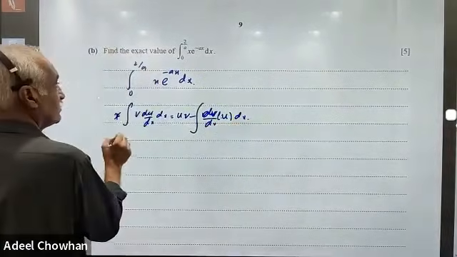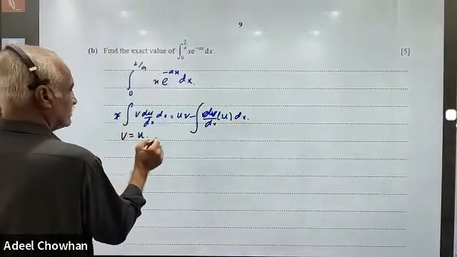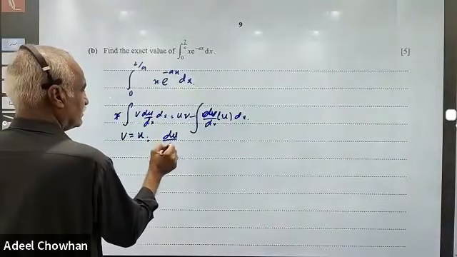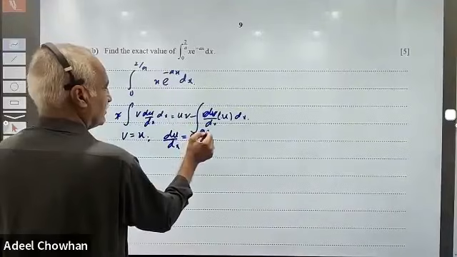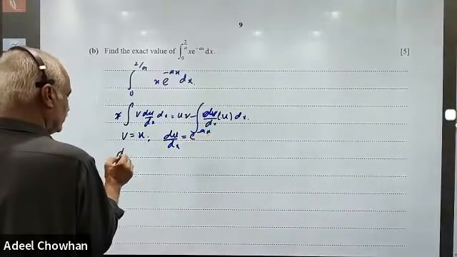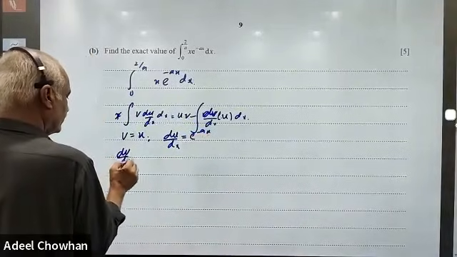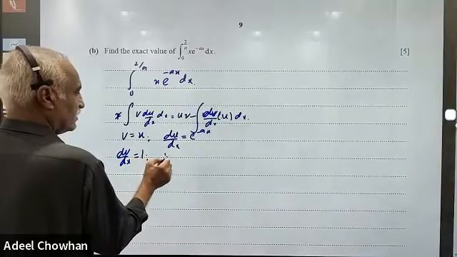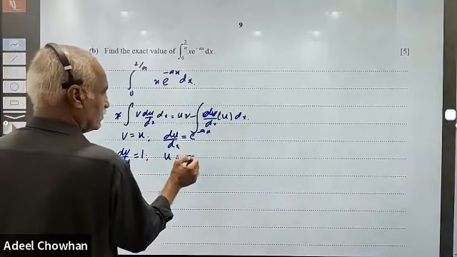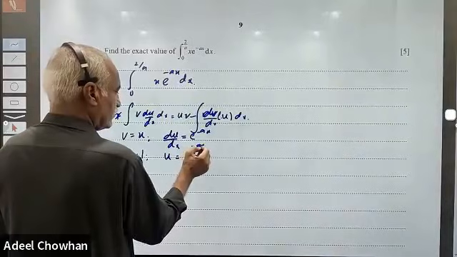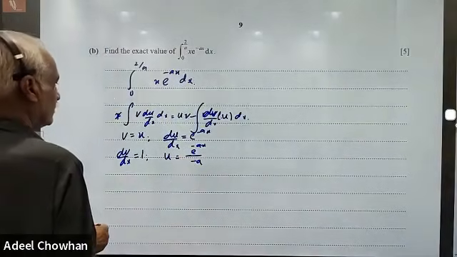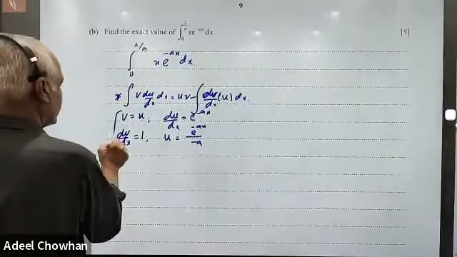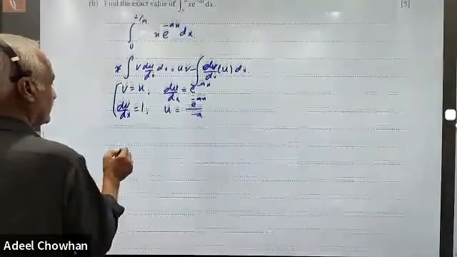So you put v = x and du/dx = e^(-ax). So dv/dx = 1 and u = e^(-ax)/(-a).